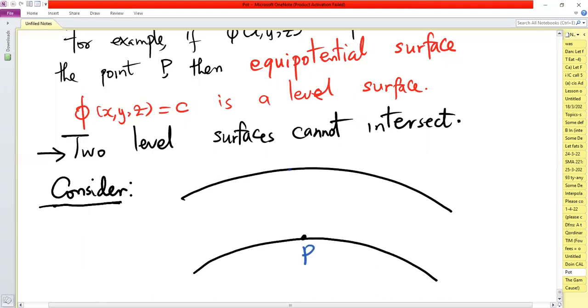Let's have a point R, let's have Q. So this is what we're calling phi equals C. And then this is phi plus d phi equals C.